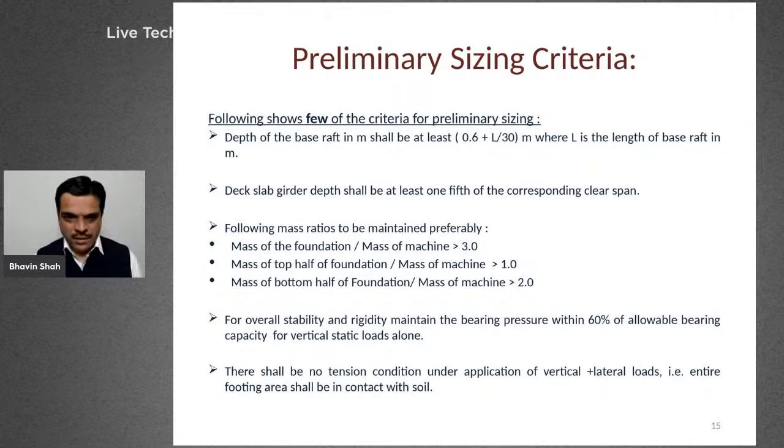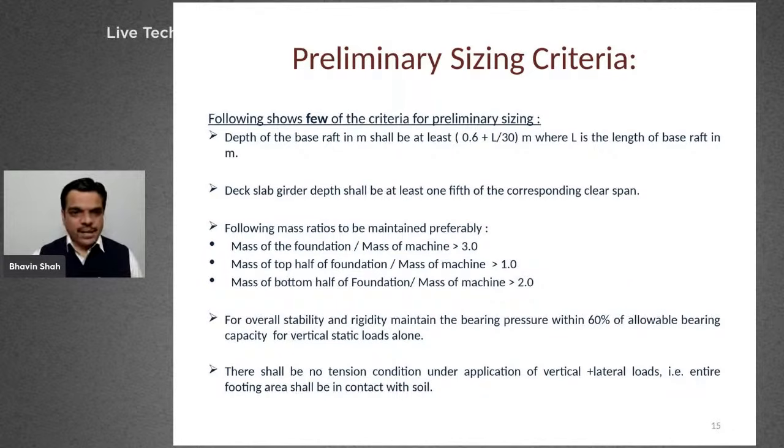In my opinion, it is to make it behave as a rigid plate instead of a flexible plate. The dimensions of the column for this kind of foundation will be in the range of 1 meter to 1.2 meter. The thickness of the deck slab will be in the range of 1.2 to 1.5 meter. Similarly, the raft thickness will also be in the range of 1.2 to 1.5 meter.